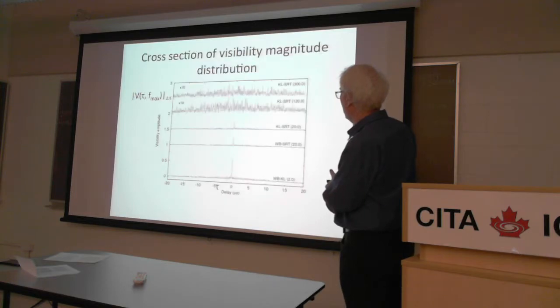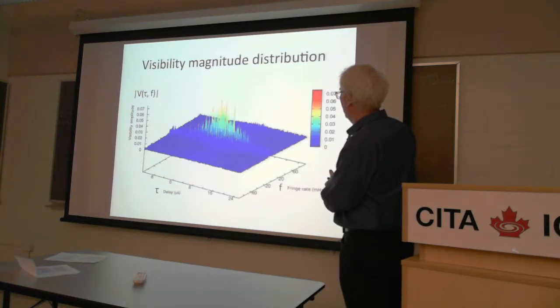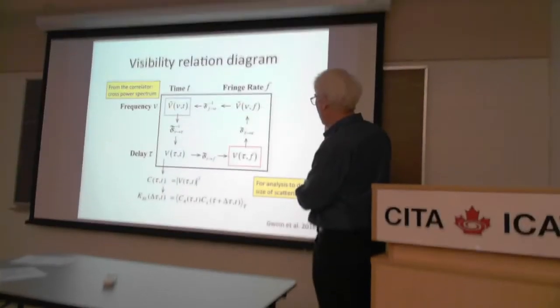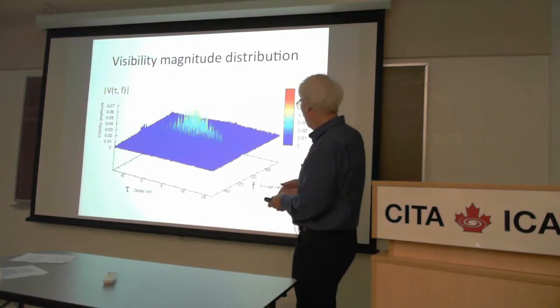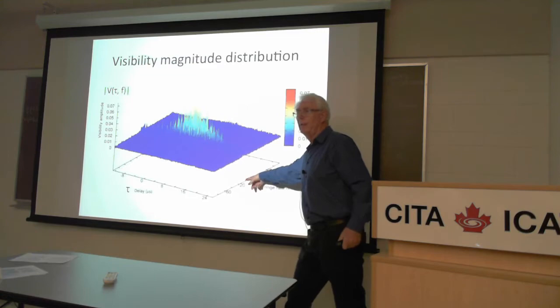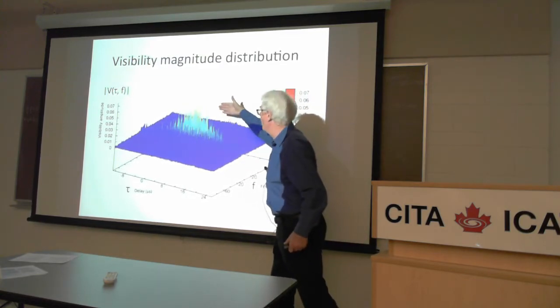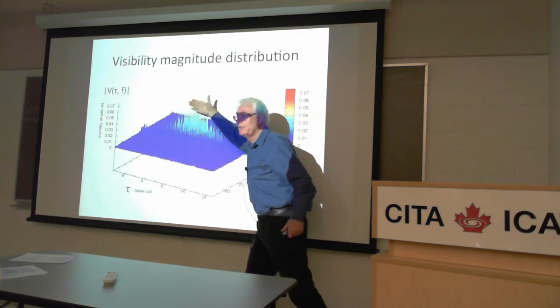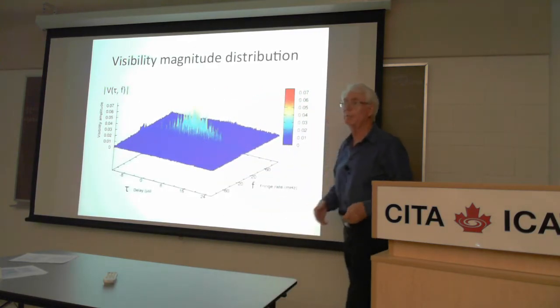So we have to get back to this plot here. This is what we get over here, a function of delay and fringe rate. Then we look close to 0 and find the maximum in the distribution, and then make a cut through that and consider only those two-dimensional plots.